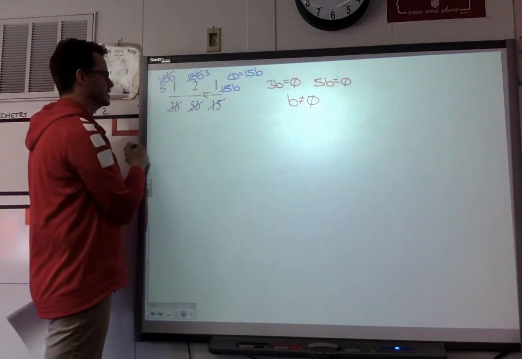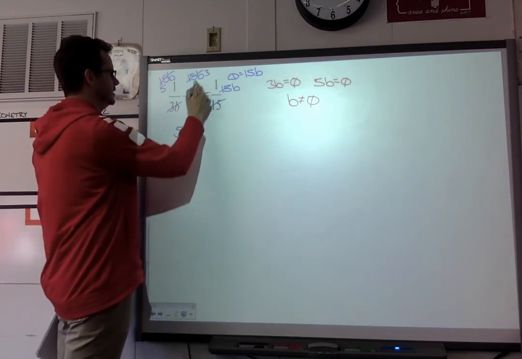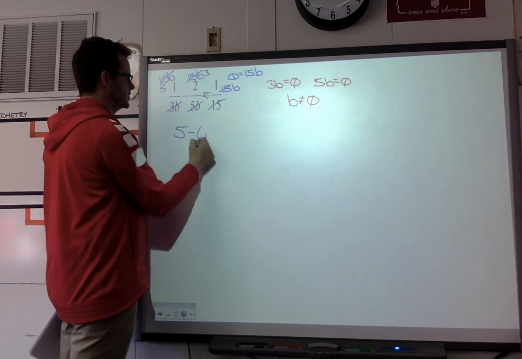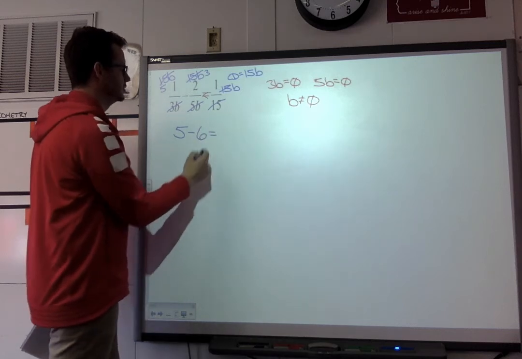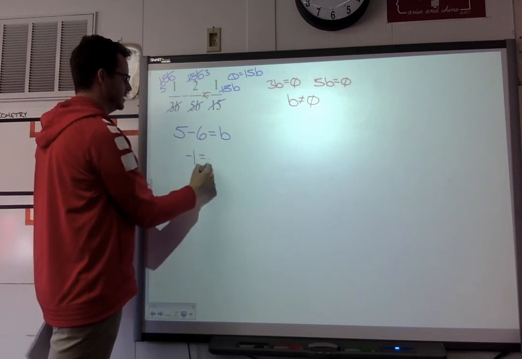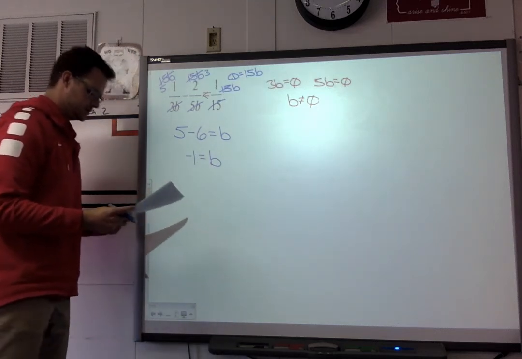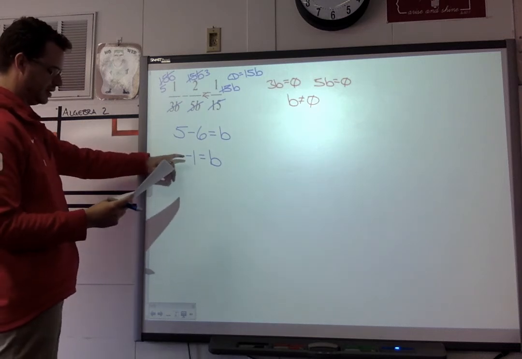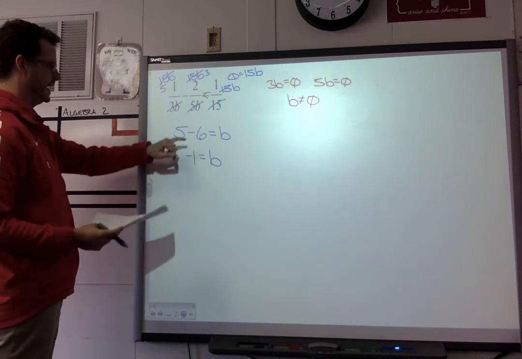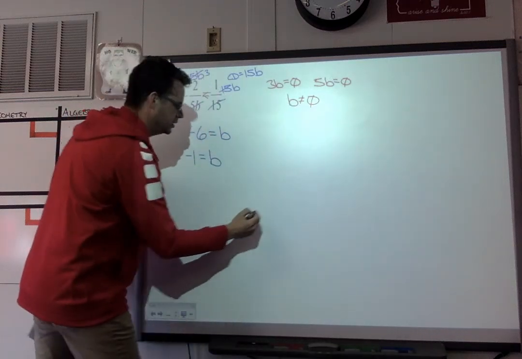So I got rid of my denominators. Now I've got 5 minus 2 times 3, which is 6, equals b. 5 minus 6 is negative 1. So b equals negative 1. So now I've got my 2 values at 0 and negative 1.